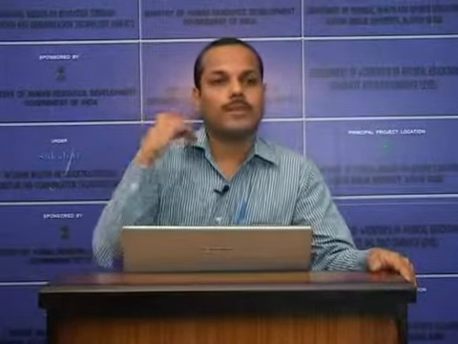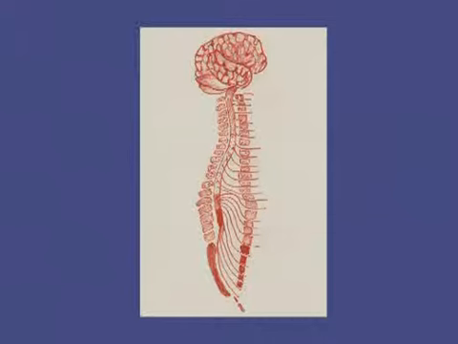Now, what will happen if there is spinal cord injury at each level? If the injury is at the cervical level, between C1 and C3, all daily activities must be totally assisted.